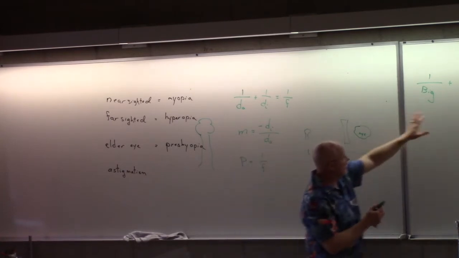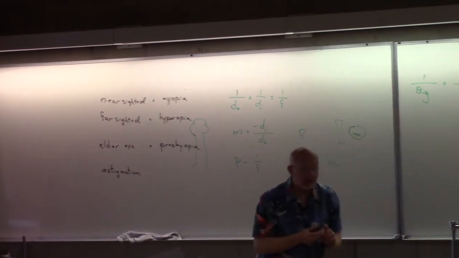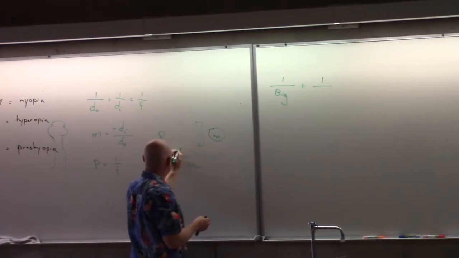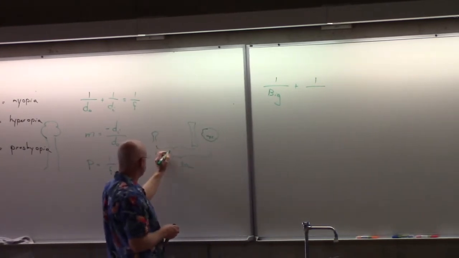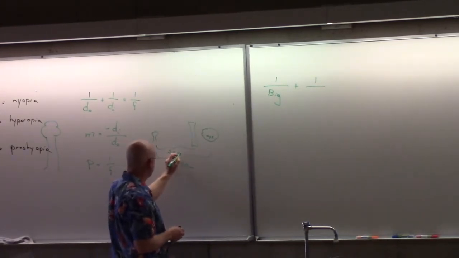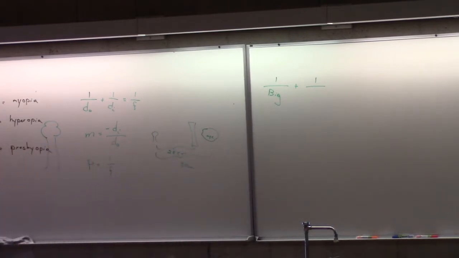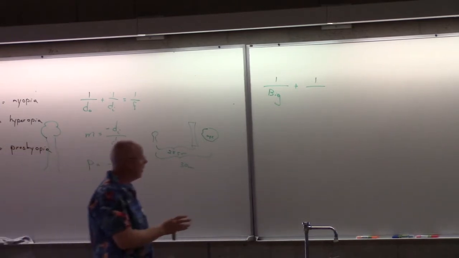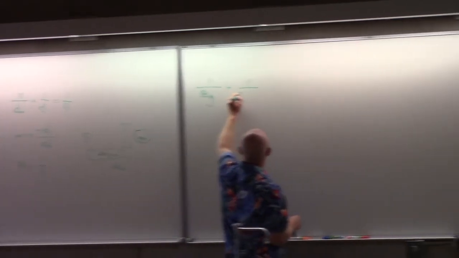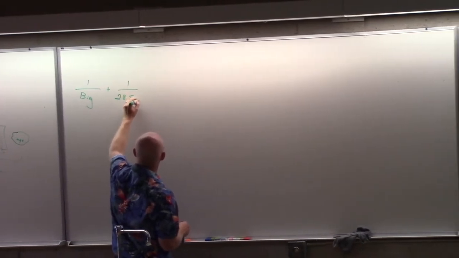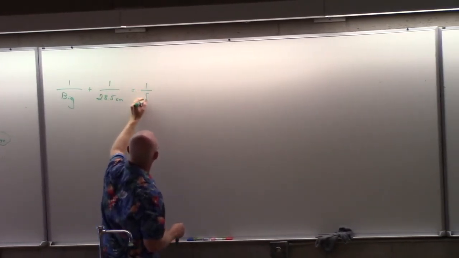And according to this equation, image distance is from the lens. So I guess I want this distance. And so that would be 28.5 centimeters. And so there's my thinking of how I would correct this person's vision. I would want them to be 28.5 centimeters away.